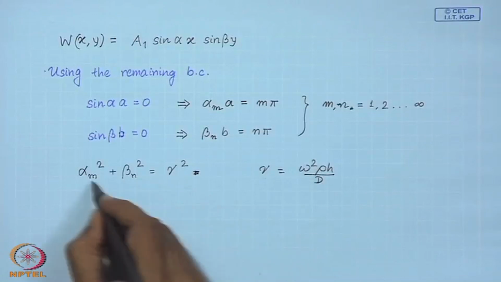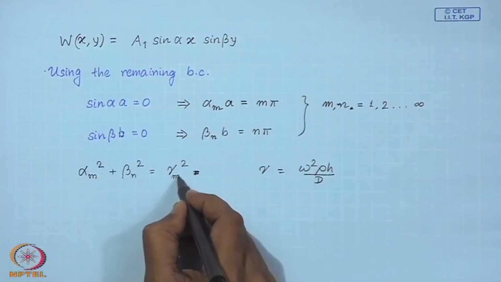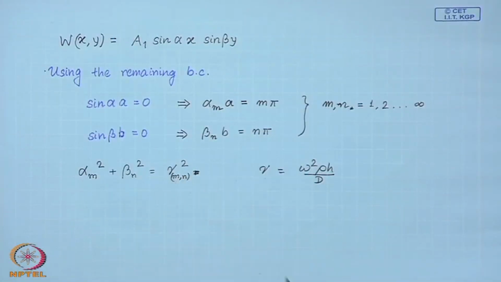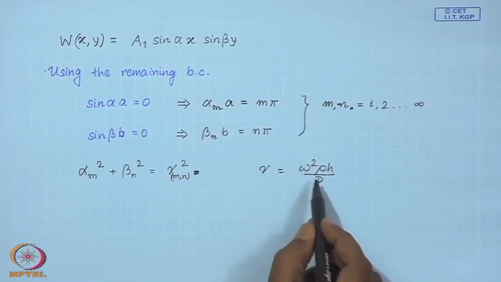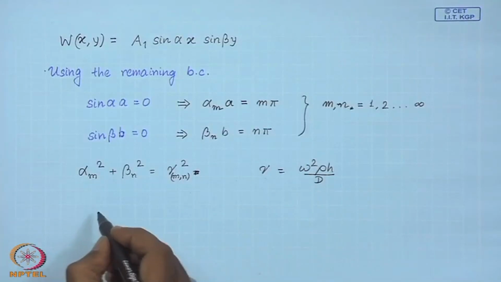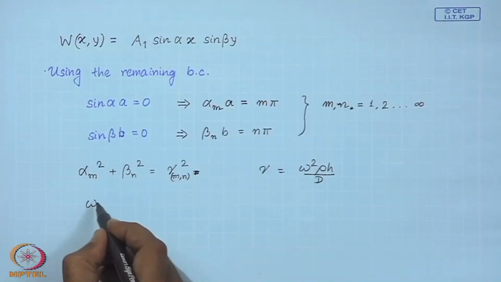Now, this gamma also gets indexed because of this m and n. So, then omega also gets indexed as m and n. So, omega m n.